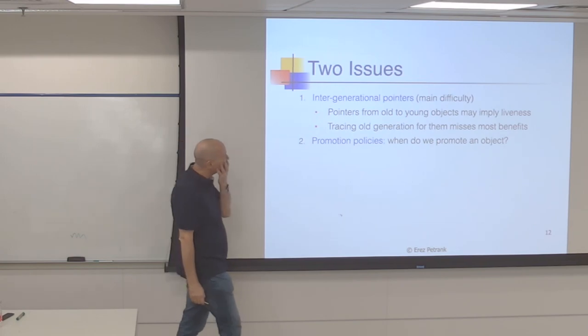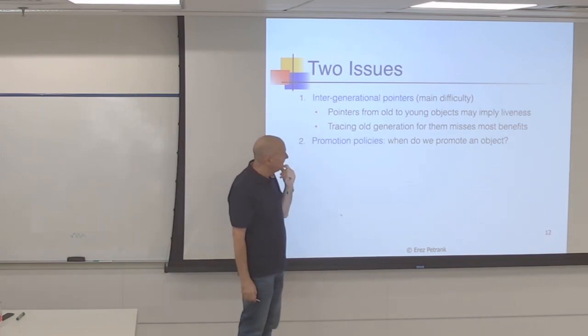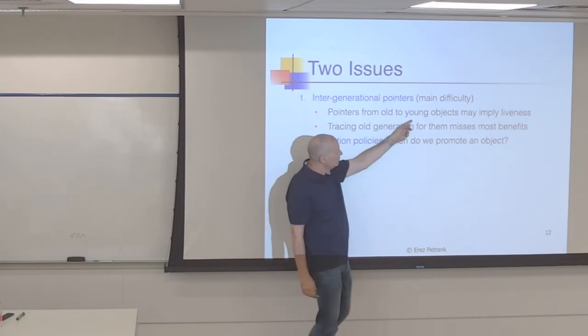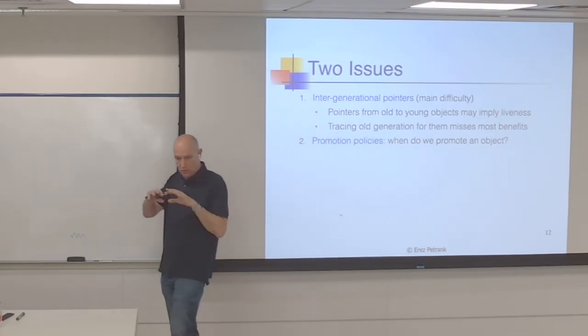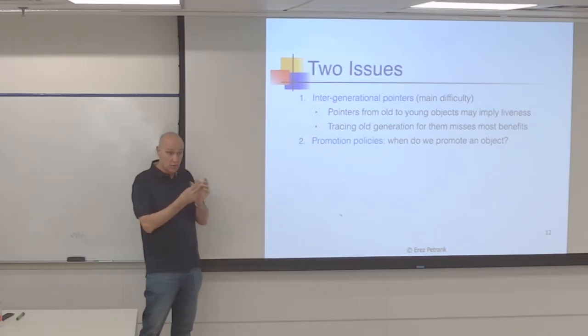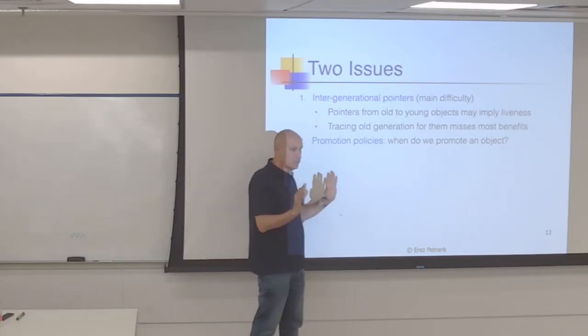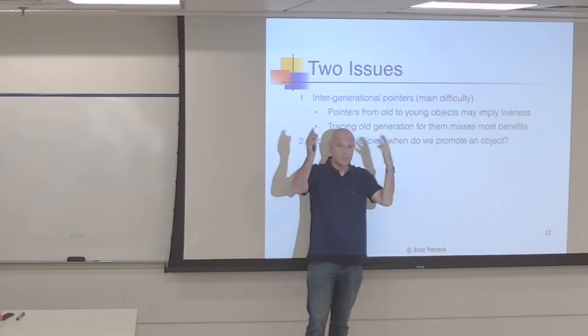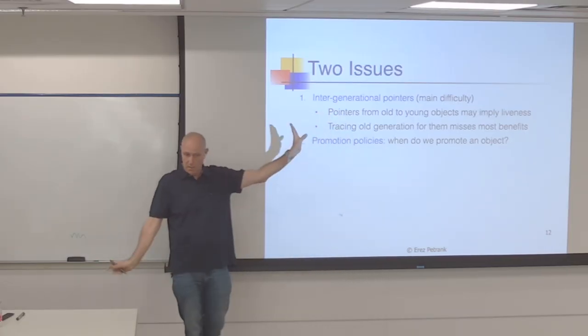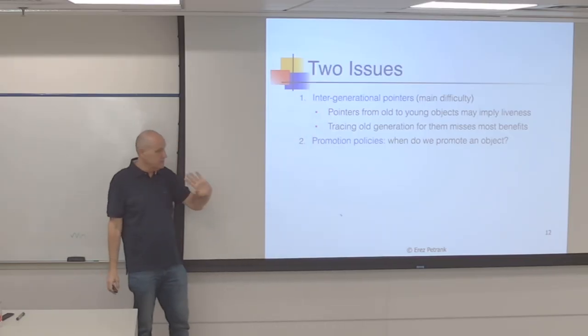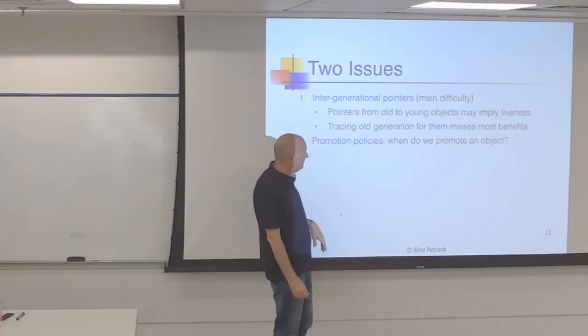So the intergenerational pointer is the main difficulty. So there are pointers from old to young objects may imply liveness of the young objects, and we collect only the young generation. Now, we don't want to go over the old generation to decide if objects there are dead or alive. If there is any pointer from old to young, we conservatively decide that the young object is alive.